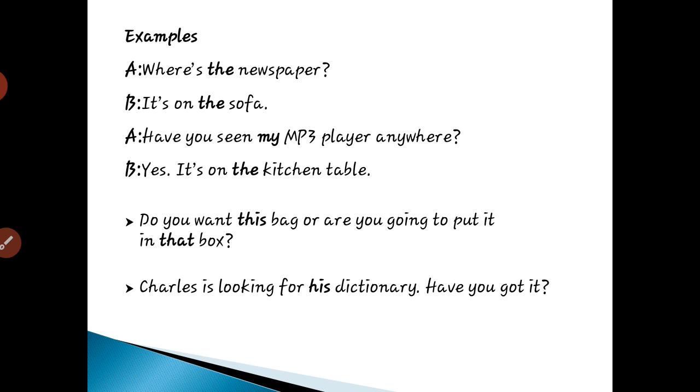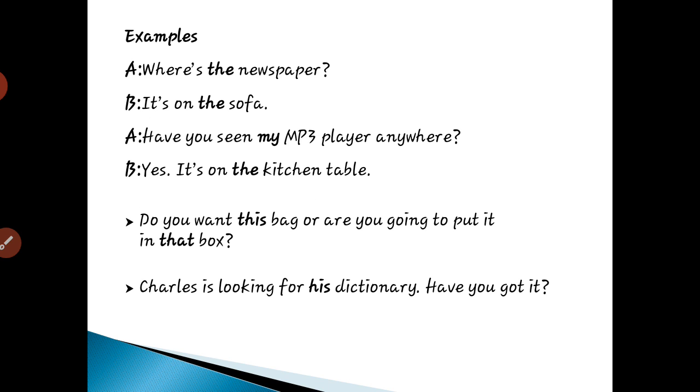As I have marked in bold here, you can see the articles and possessives. For example, where is the newspaper? As I told you, a determiner always comes before the noun. So in this first dialogue, newspaper is the noun and the article the is coming before this noun. So here the is which type of determiner?